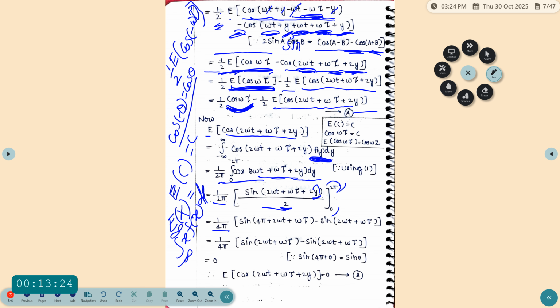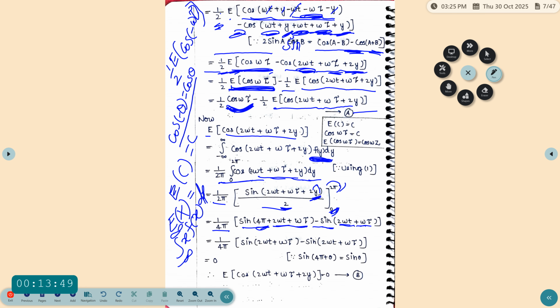So we get 2 pi into 2 is 4 pi plus 2 omega t plus omega tau, minus the lower limit, which is 0, so sin 2 omega t plus omega tau plus 2 into 0 is 0. So 1 by 4 pi into sin of 4 pi plus 2 omega t plus omega tau minus sin of 2 omega t plus omega tau.